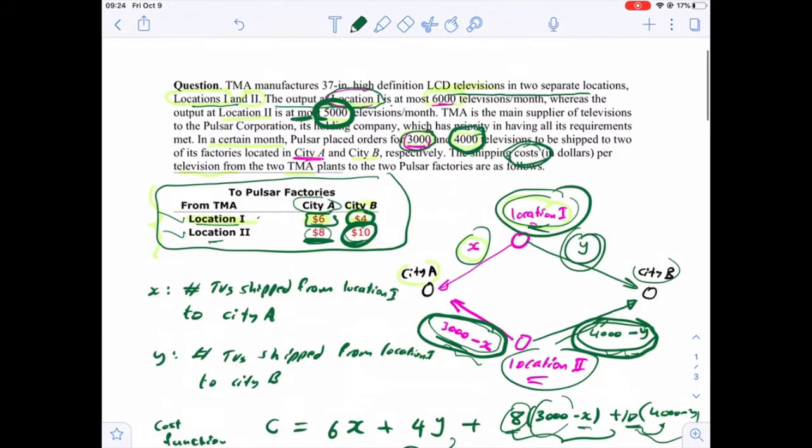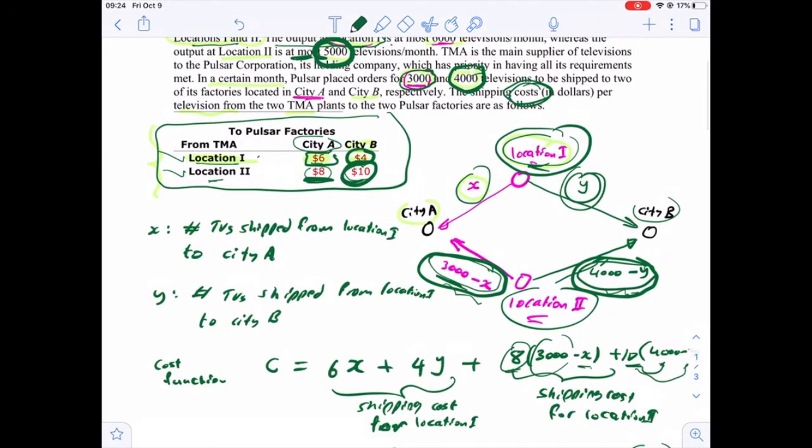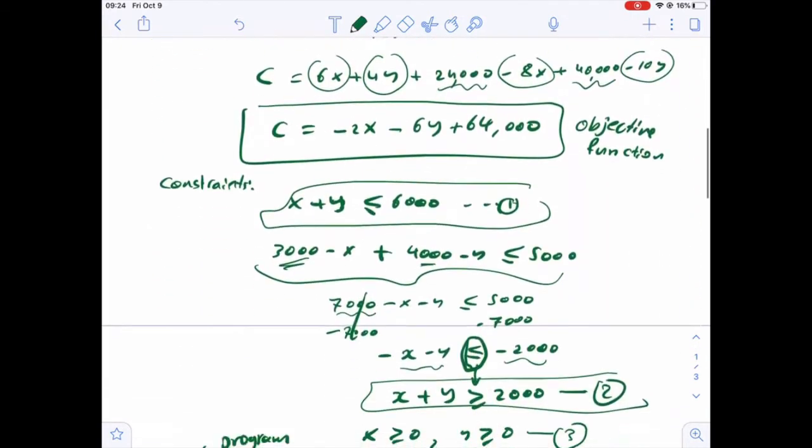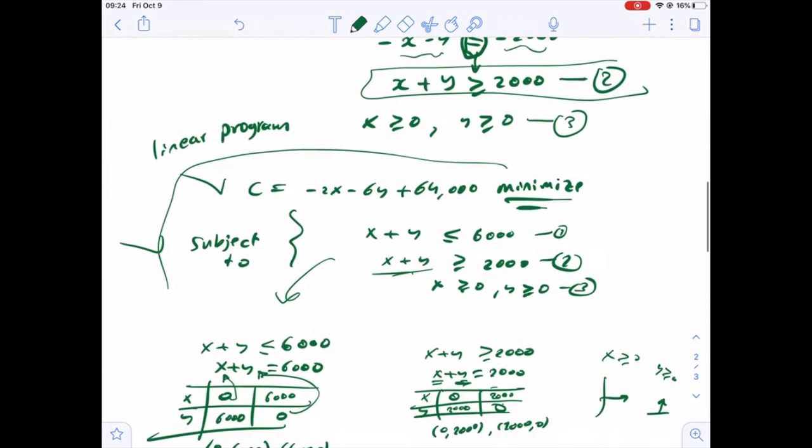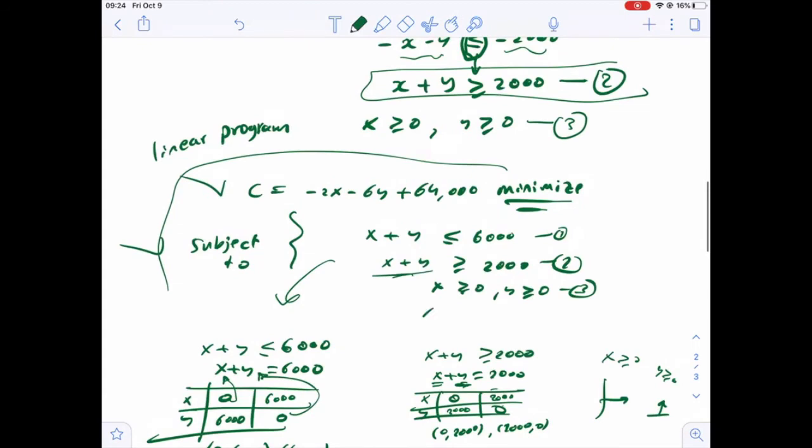So we ship to city A here. So 3,000 should be shipped to city A. And that means, so here we have the variable x included here. So x cannot exceed 3,000. So x is less than or equal to 3,000. We need to add this constraint here. x is less than or equal to 3,000.